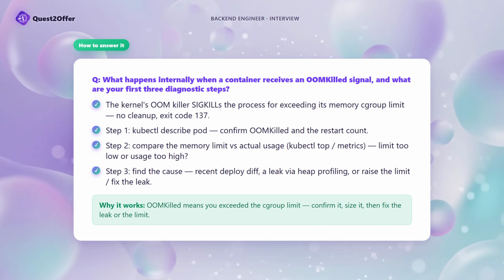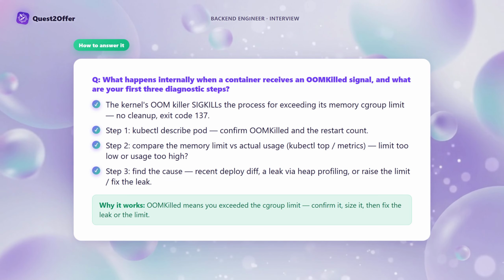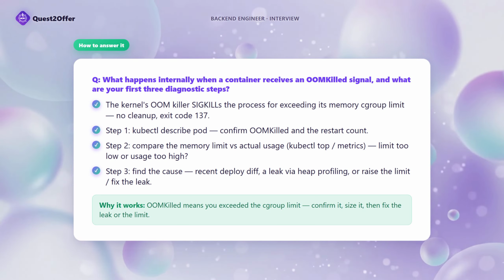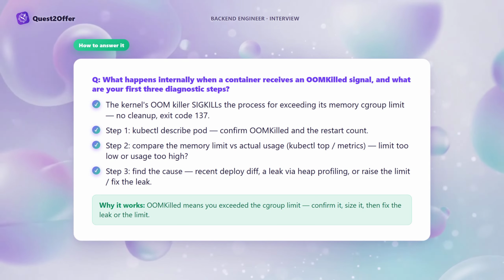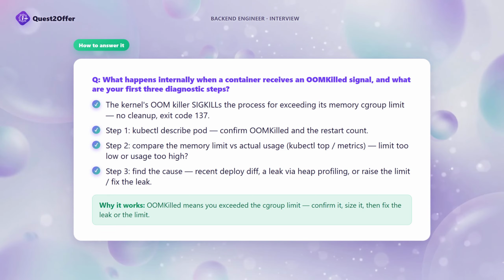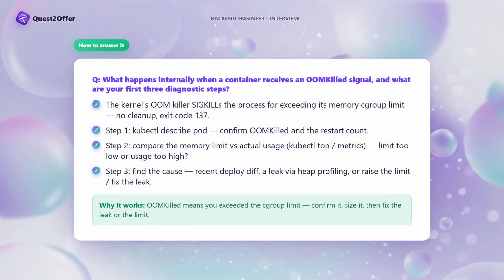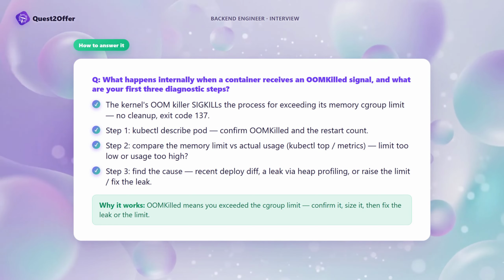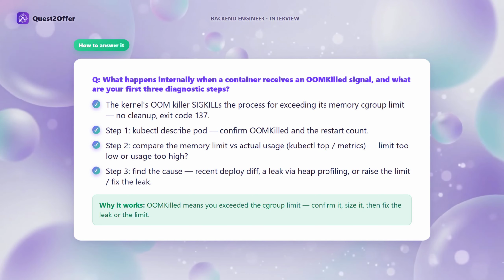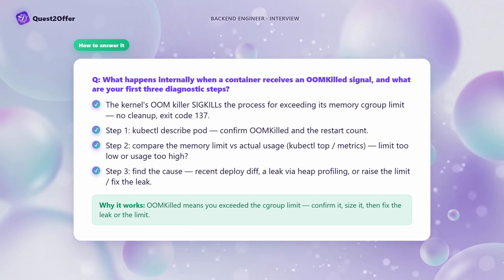A hard kill. Exit code 137, no cleanup. First, describe the pod to confirm it and check the restart count. Second, compare the memory limit against actual usage. Is the limit too low or usage too high? Third, find the cause. A recent deploy, a leak you catch with heap profiling, or an under-provisioned limit.